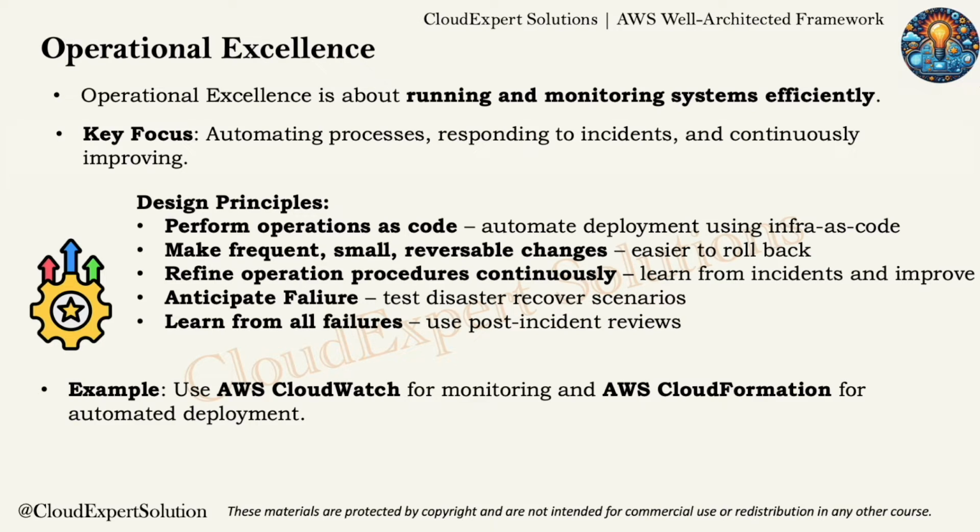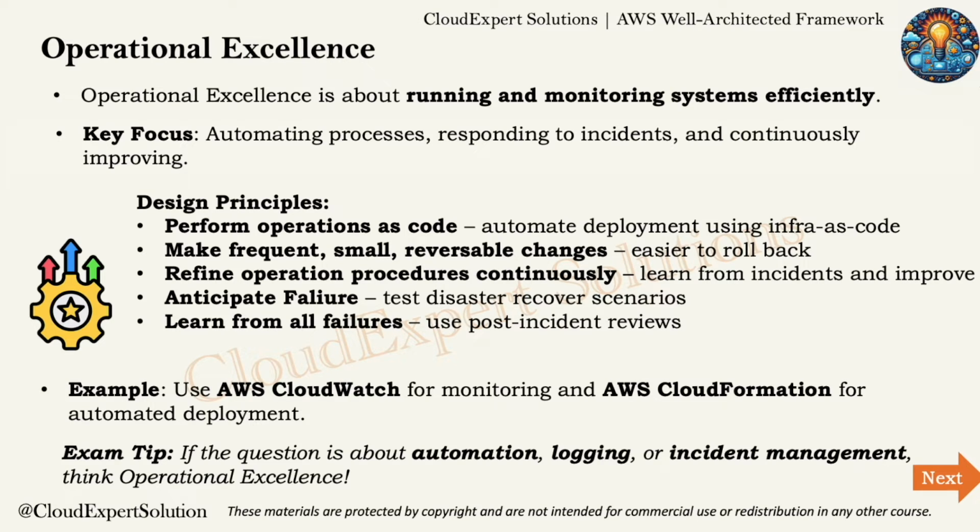As an example of this pillar, using AWS CloudWatch for monitoring and AWS CloudFormation for automated deployments. In terms of exam tip, if the question is about automation, logging, or incident management, then think of operational excellence. That could be the potential correct answer.